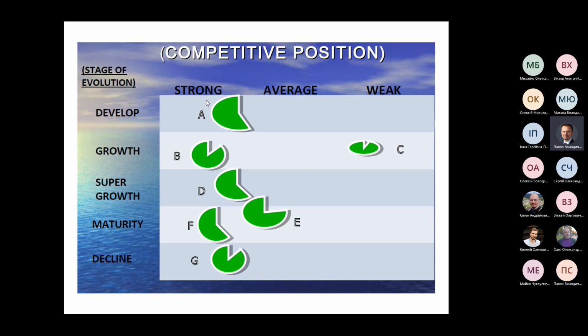So the place for the strategical business unit A became here, for B and C will become super growth, for D it will become maturity, for F and E will become the declining stage. So we can see the possible situation for our company, not only for the current moment of time, but also for the future. This is the most important contribution to the strategic management of the company of this instrument.